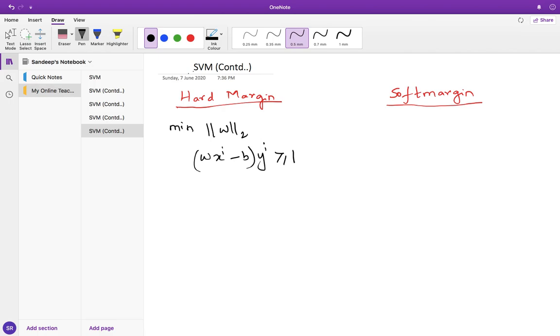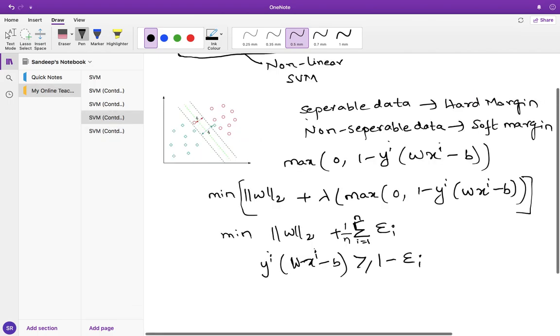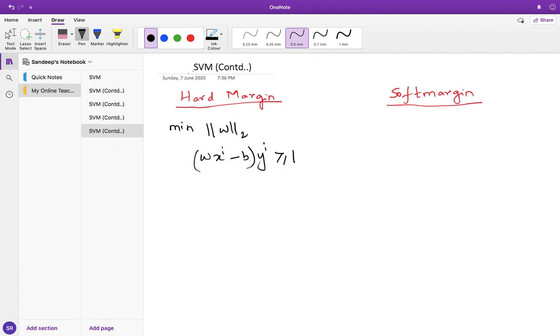And one more thing I forgot to say in the previous slide, let me correct that. Here we also have the epsilon i values greater than 0. Let me also write it here. I forgot to write it. So this is for the soft margin. Anyway, I'll be writing it in the next page also. So these are the hard margin equations, and let us also write the soft margin.